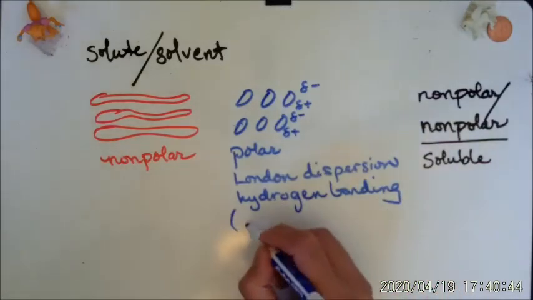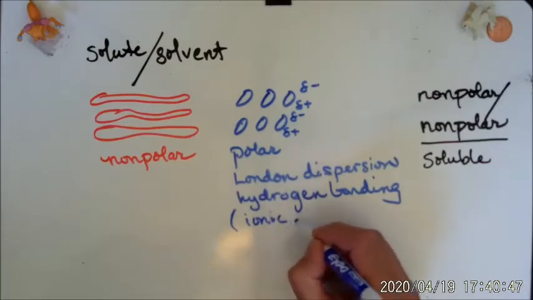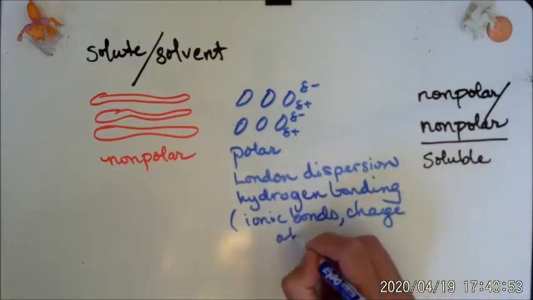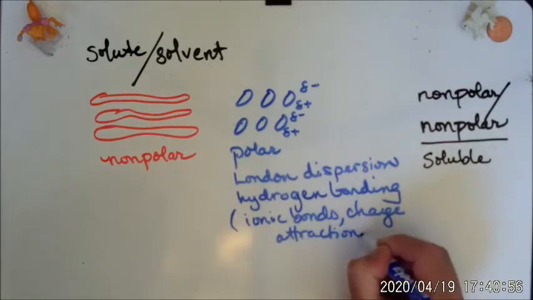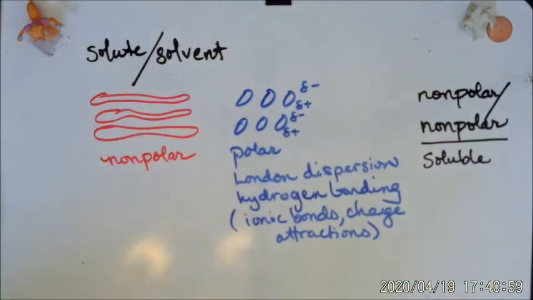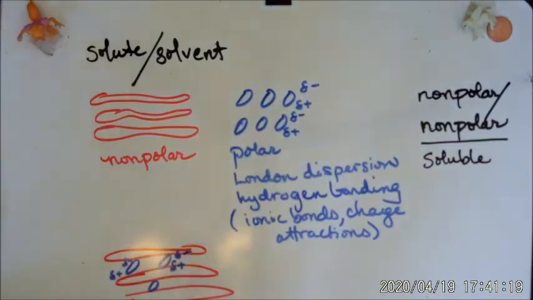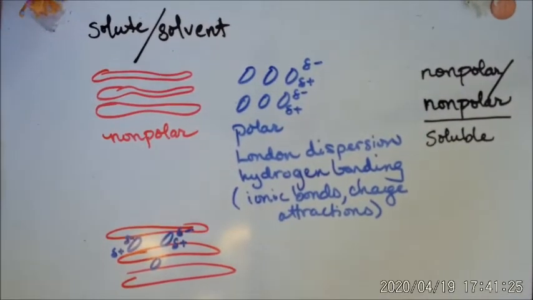Or if it's an ionic compound, I could have ionic bonds, charge attractions. Okay, so if we try to dissolve my polar solute in my non-polar solvent, what happens is this.